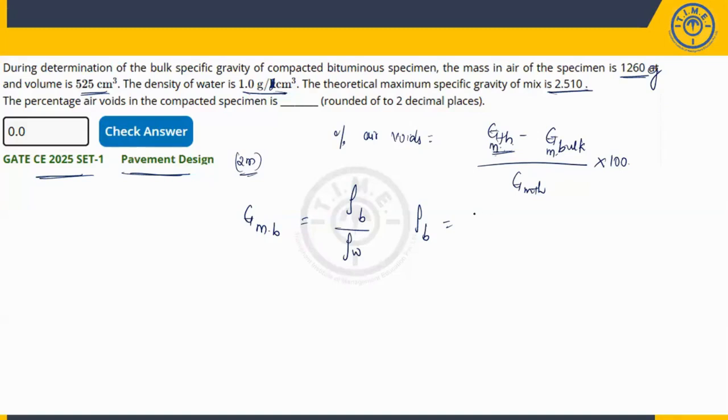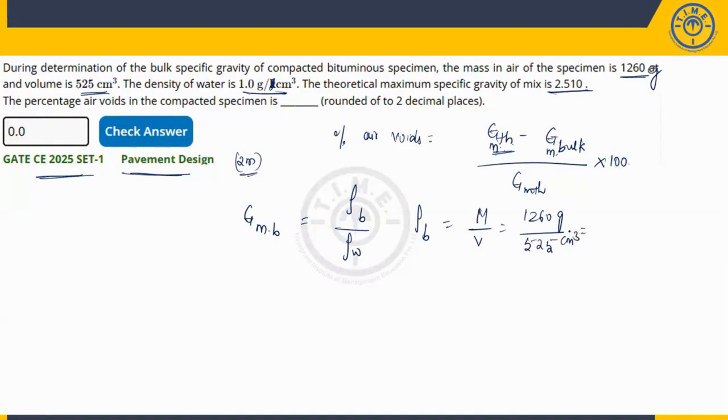Mass by volume. Mass is 1260 grams by volume 525 centimeter cube.